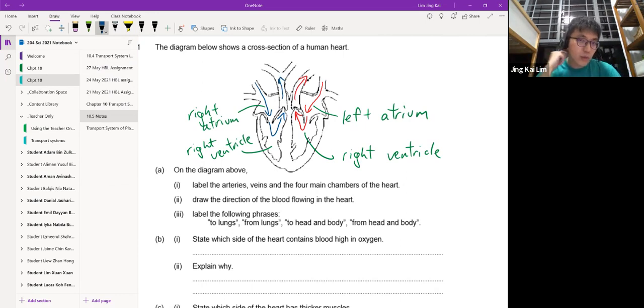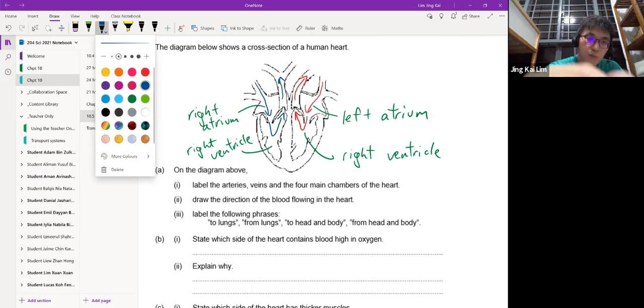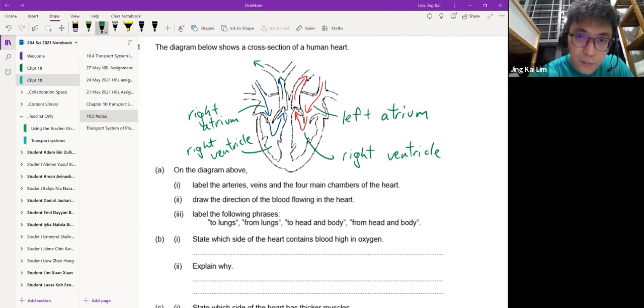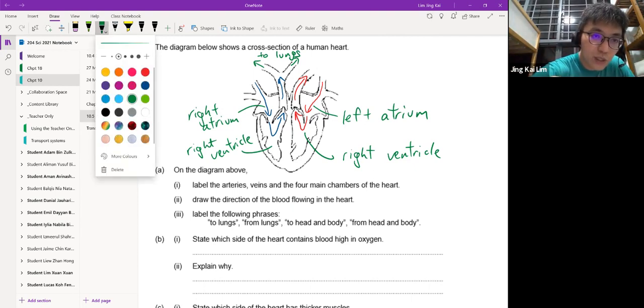Once you are able to identify these portions, then we can trace where this blood is supposed to go. For deoxygenated blood, you need to get oxygen, so these two arteries will head to the lungs, because that's where you get your oxygen.